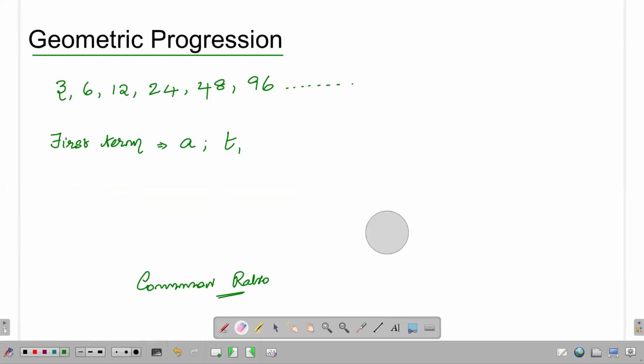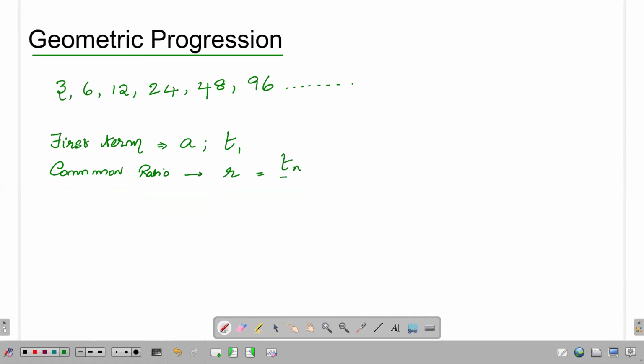AP has a common difference, GP will have a common ratio. So I shall write it here, the common ratio, and it is represented using the letter r. It is nothing but the nth term upon the n minus 1th term, something like the 10th term upon the 9th term. That is the common ratio.